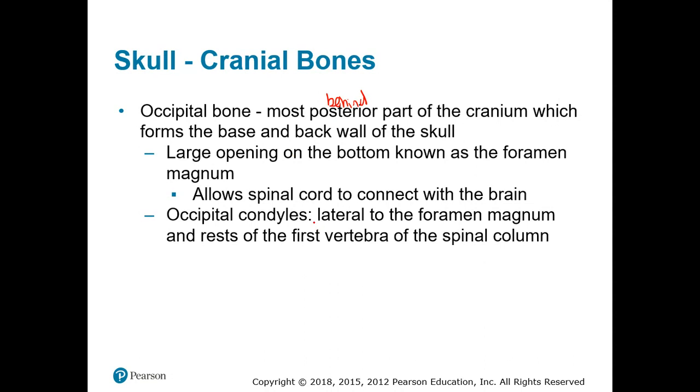And the other part is, on either side of the foramen magnum, there are something called occipital condyles. Essentially, these are projections that allow your cranium, or your skull, to connect and sit on your spinal column, or your vertebrae. This rests on the very first vertebrae of your backbone.